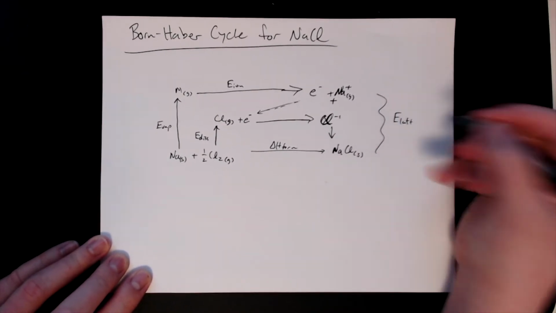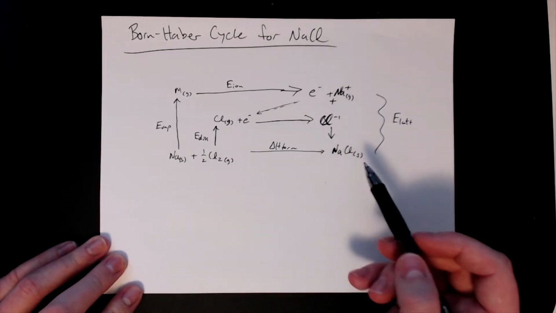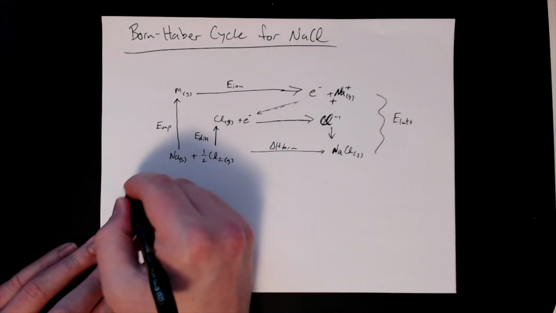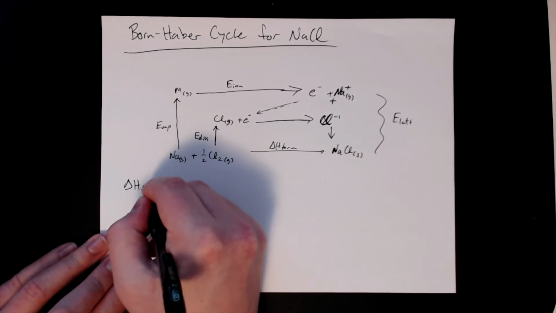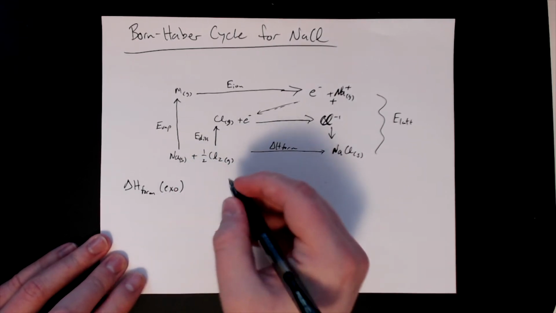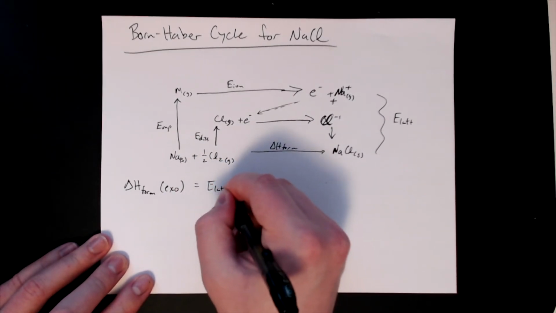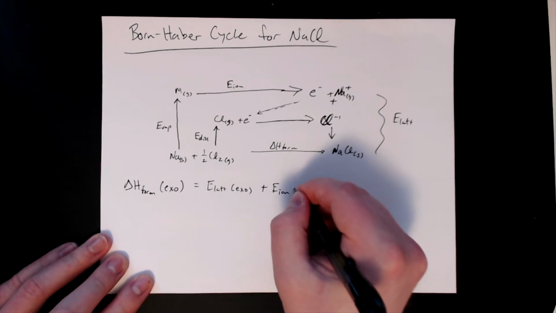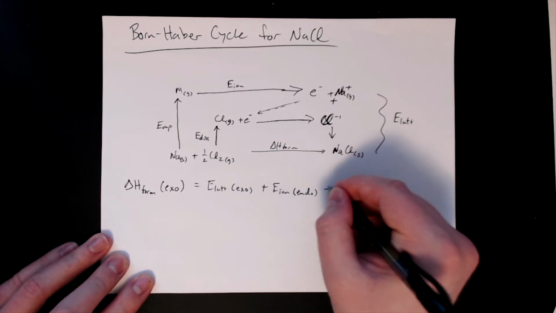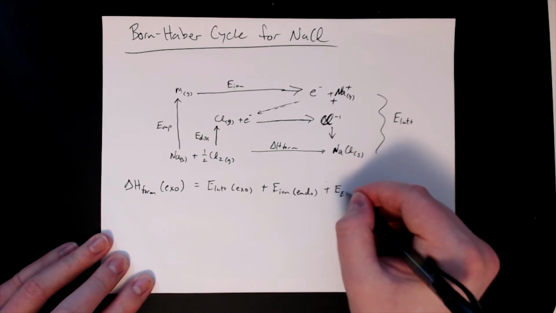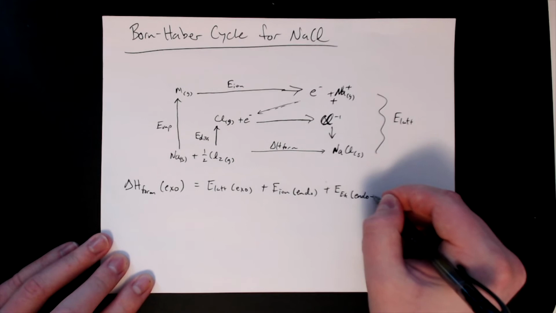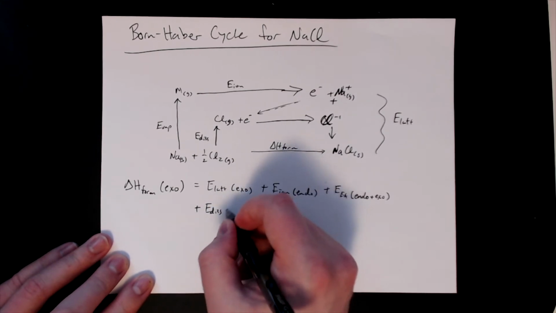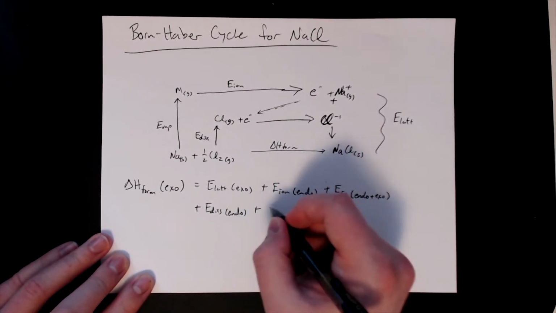So this is our E lat. Right? You don't have to draw this for every single problem you do this way, but this is just a good way to visualize the equation of the formation enthalpy, which is exothermic, and is going to be equal to the lattice energy, which is also exo, plus the ionization, which is endothermic, plus the electron affinity, which can be either, plus the dissociation energy, which is endothermic, plus the vaporization.